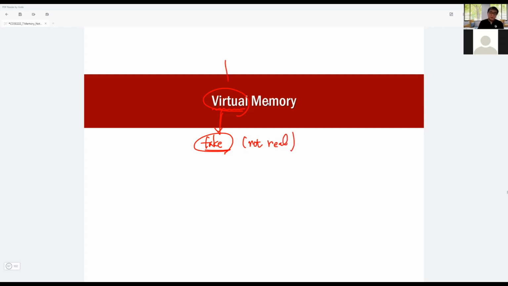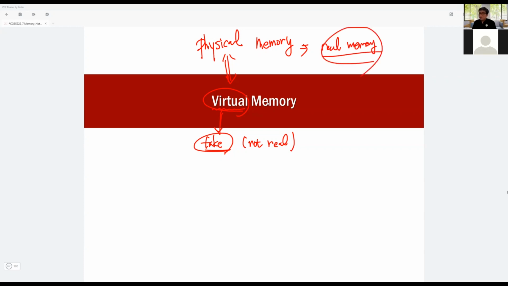So what is the opposite meaning of virtual? Physical, right? The opposite of virtual memory is physical memory. So what is the physical memory? It's the real memory, like a real DRAM chip or real DRAM in our computer system.